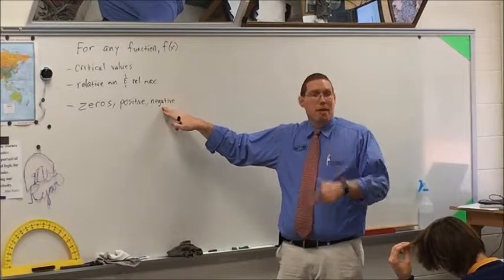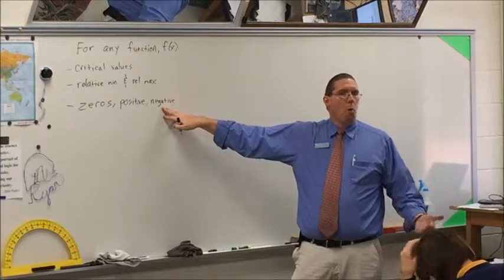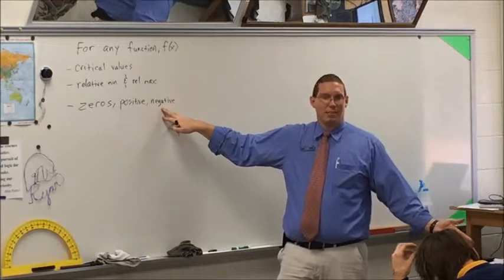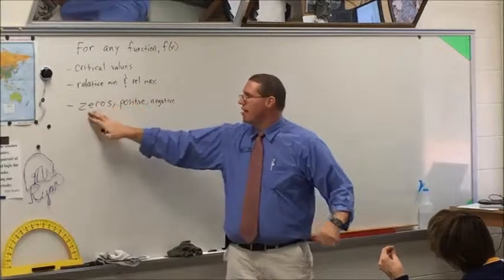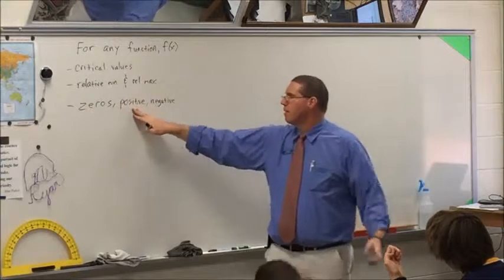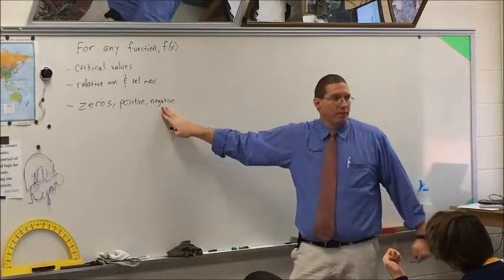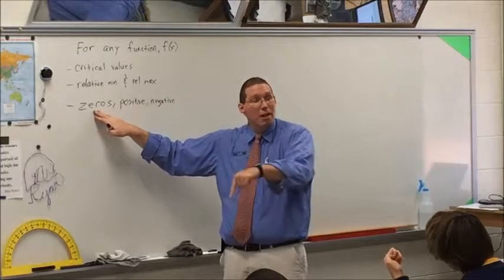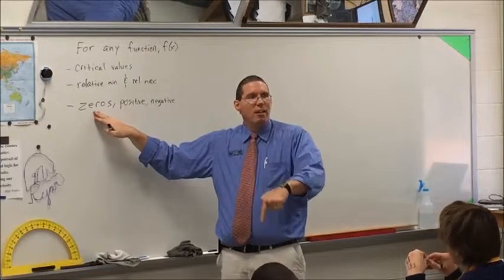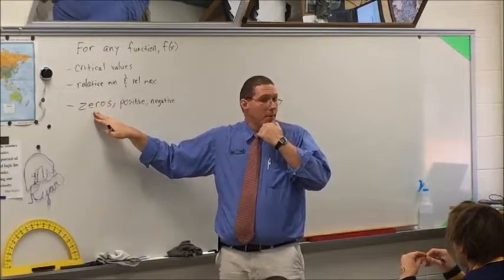Now, it becomes calculus when you find the derivative and then find where the derivative has zeros, where the derivative is positive, and where the derivative is negative. Because the zeros of the derivative tell us what? Anybody remember?